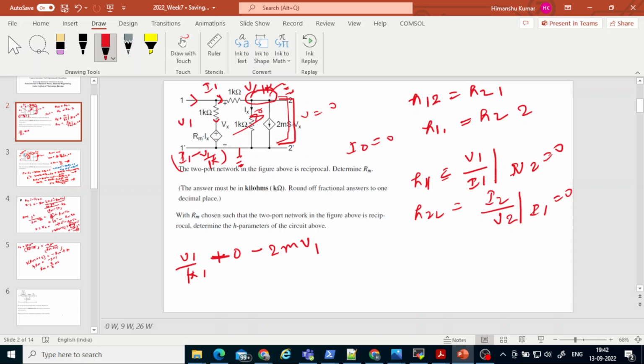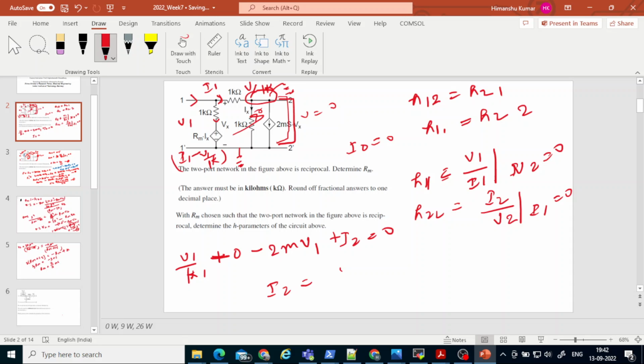So Vx plus I2 equals 0. So I2 will be equal to 2 times V1 minus V1, which is V1.